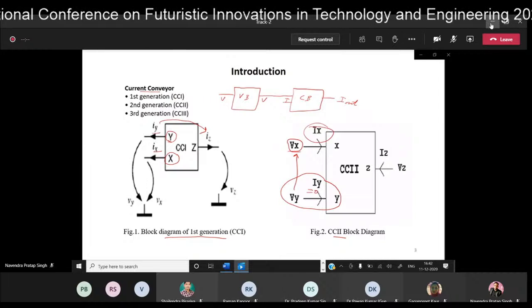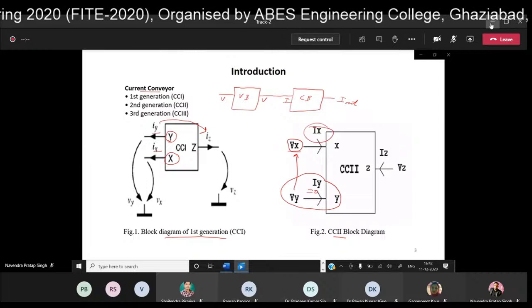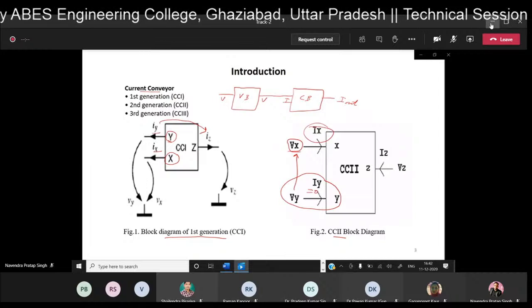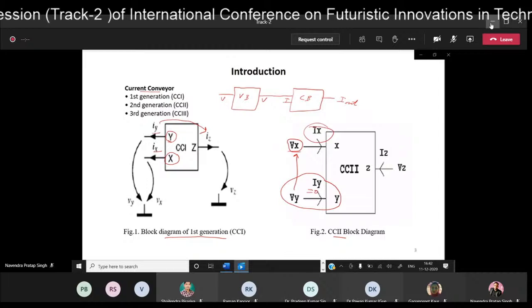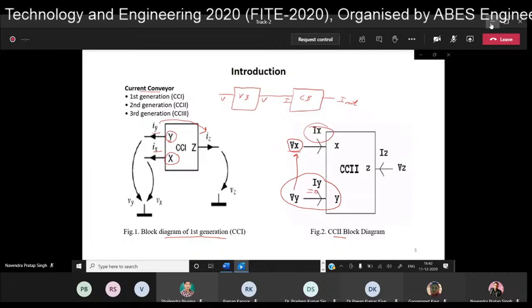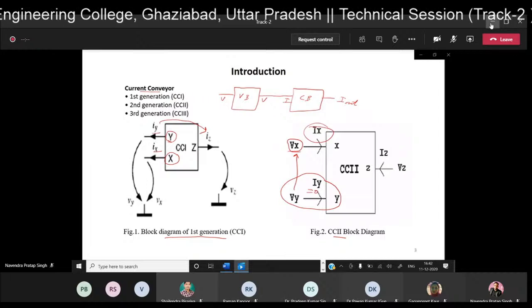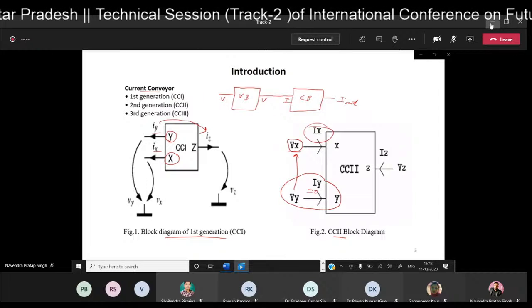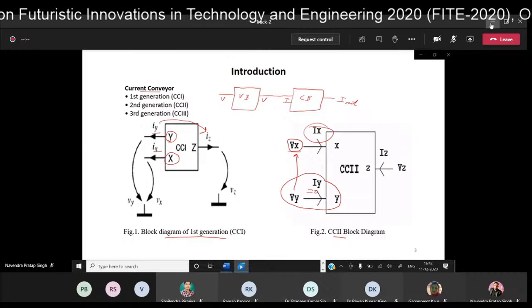Another approach used was the multiple output CCI, which has nothing new, only some more terminals were introduced, and the implementation was done using the same approach as proposed in the first. Similarly, there are other papers which we have taken into consideration, and here we are presenting only the main papers, in which we have seen that there is something new.